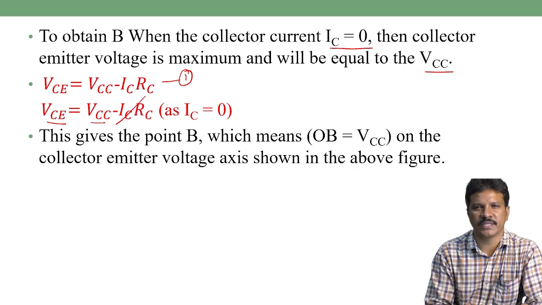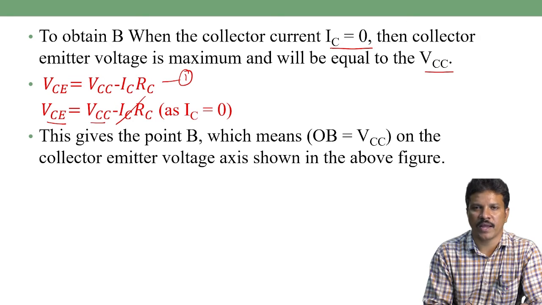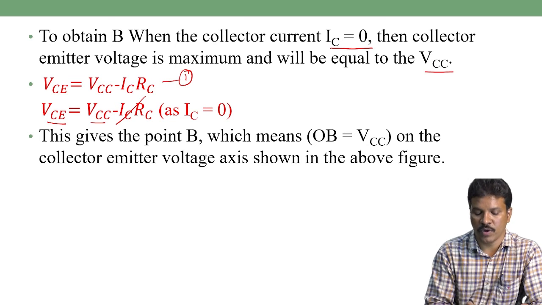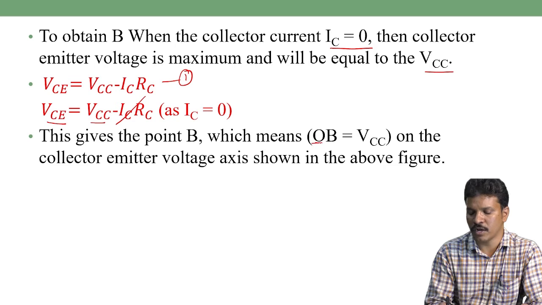That VCC is nothing but the collector supply, which may be equal to 10 volts, 12 volts or 20 volts, based on the requirements. So when VCE is equal to VCC, that will be another point on the x-axis. This gives the point B, where O is the origin, so OB is equal to VCC on the collector emitter voltage axis.